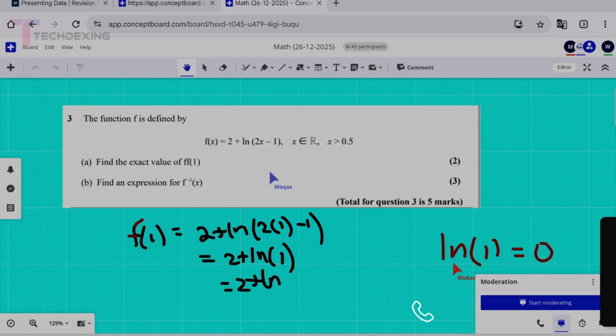So when we solve natural log 1, its value will be 0. So this is f of 1, and we can say that f of 1 is equal to 2. Okay, what do we need to do after that? Yeah, okay, perfect.